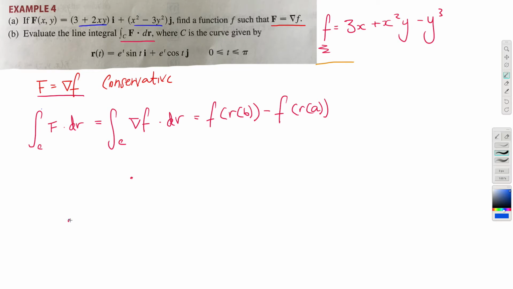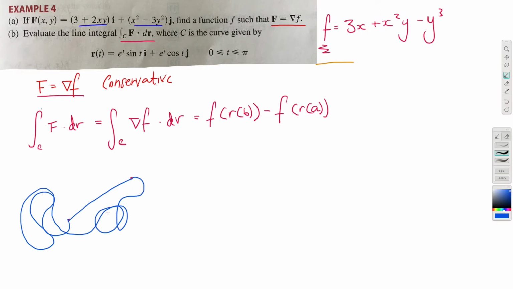Let's say we went from here to here. And let's say then we went from here and we went like this. We got lost for a bit, we didn't know where to go, and then we finally made it. Would you not say that this line would have a smaller value than this line? Well, you'd be wrong. Because it's conservative, the same amount of work has been done.